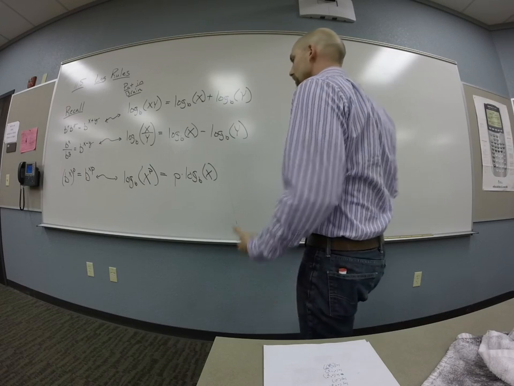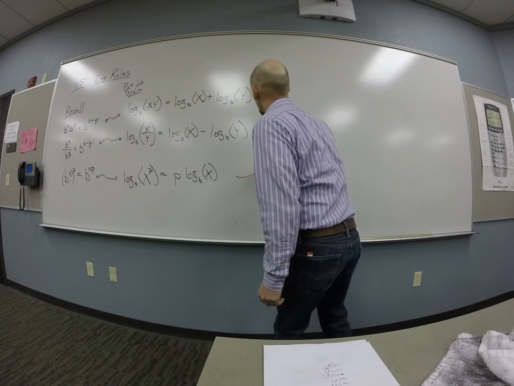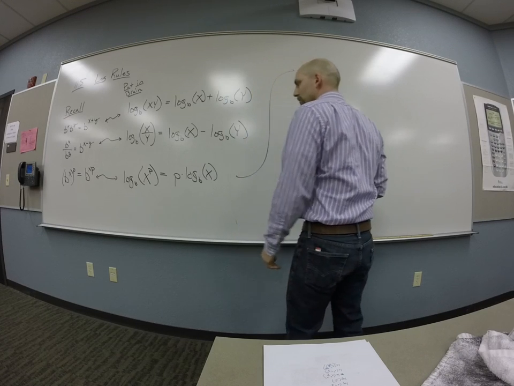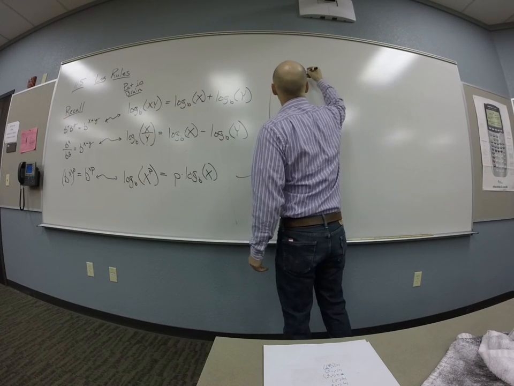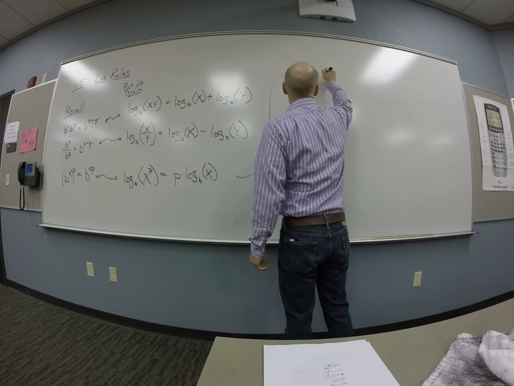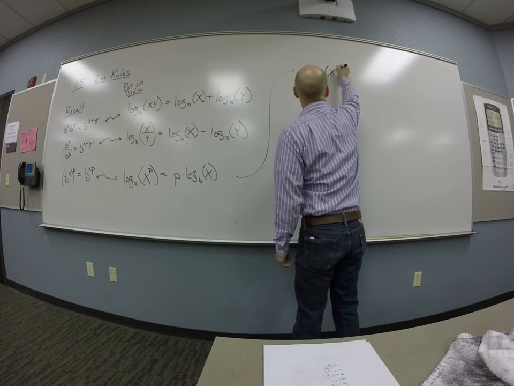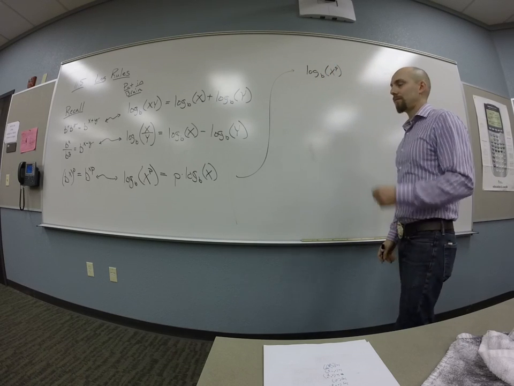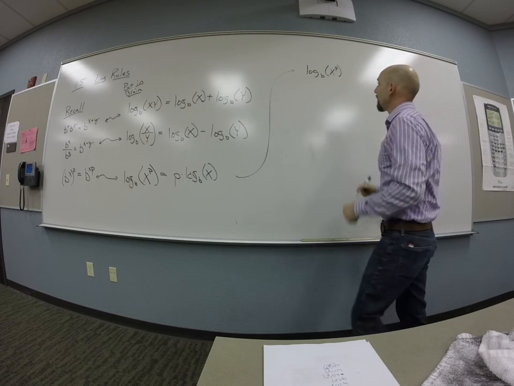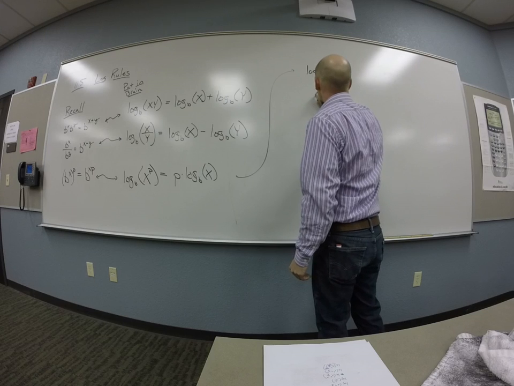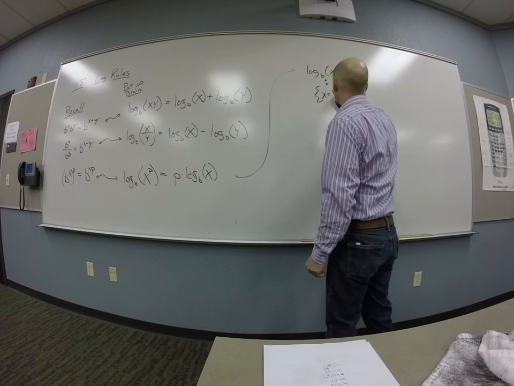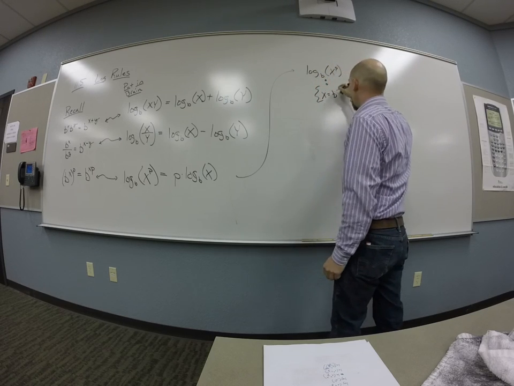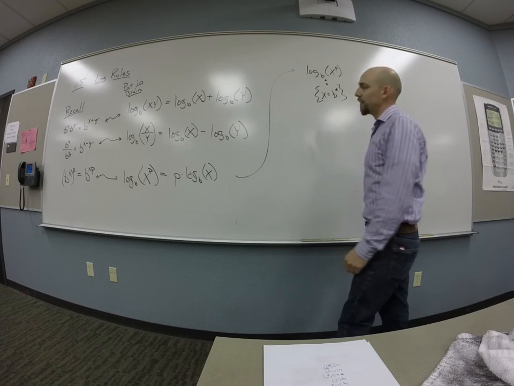Okay, so let's try the bottom one. If I've got the log base b of x to the p, let me look at this, and I'm going to think to myself, x is b to some power, say b to the n.